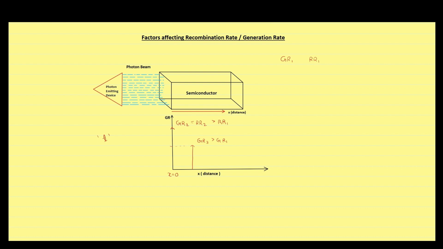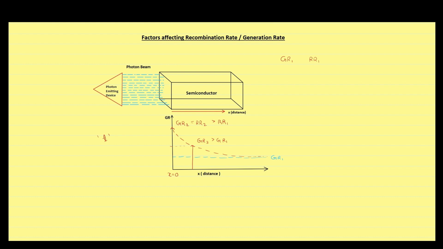Now, if we try to draw a rough plot, then it will come out to be like this. Here, the blue dashed line represents the value of generation rate before applying the photon emitting device, and you can see from the graph also that at the extreme right end, the generation rate is nearly equal to its initial value.